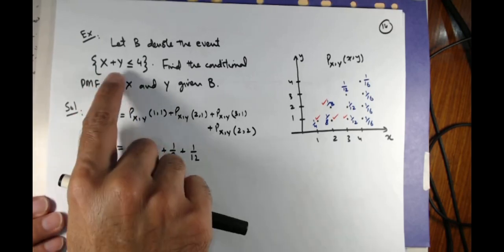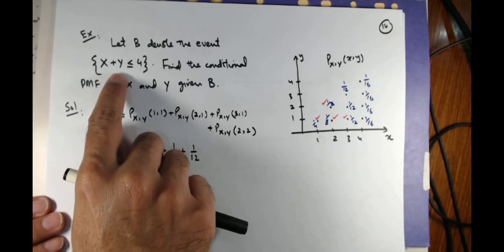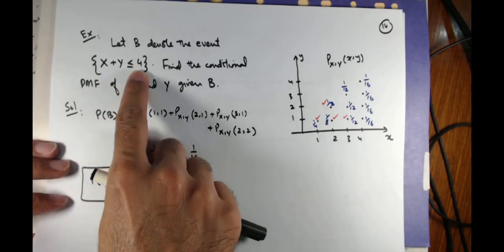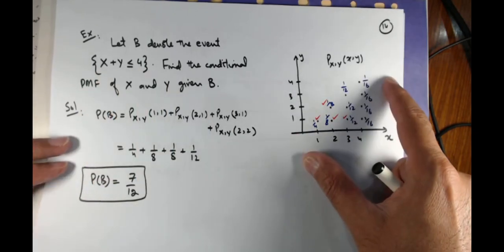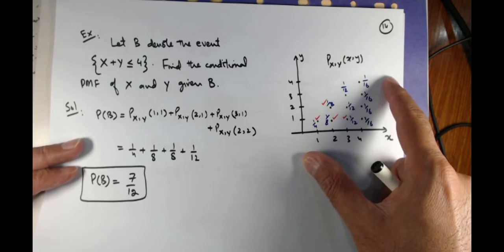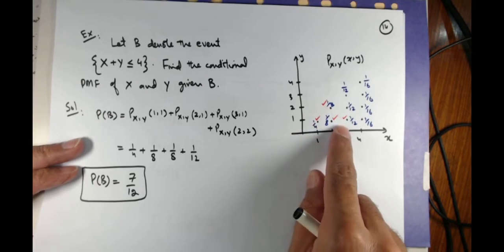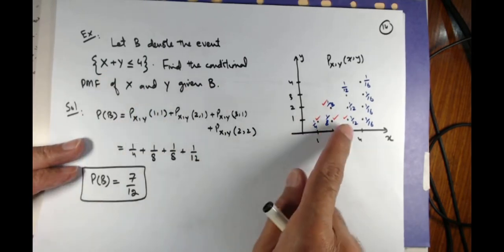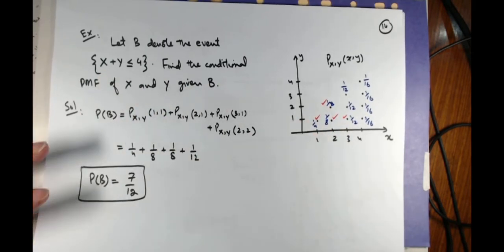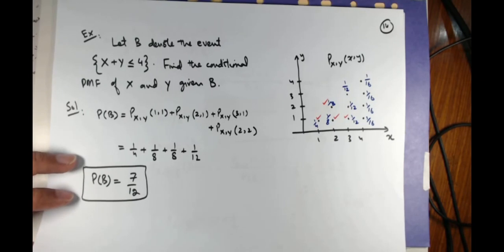This event means x plus y, both the values summed up, should be 4 or below. So we see that in the unconditional distribution, these 4 points are the only points which satisfy this. So these 4 points basically are your conditioning event B. What is the probability of conditioning event B?